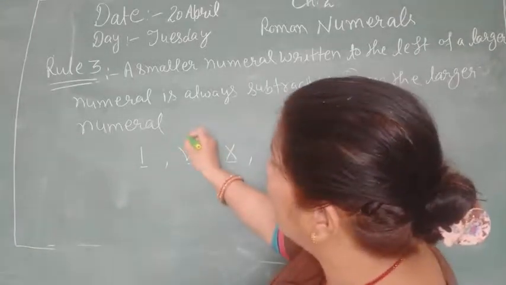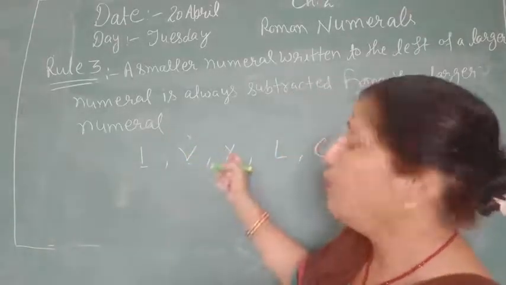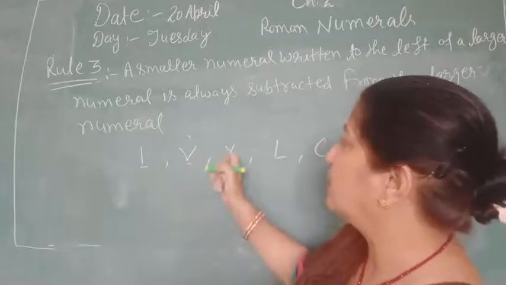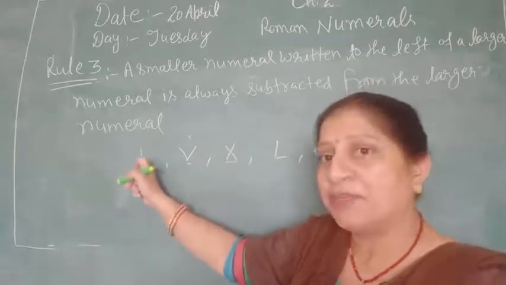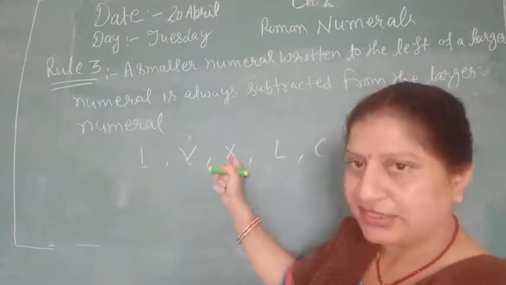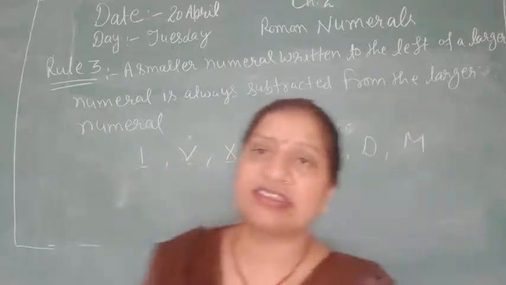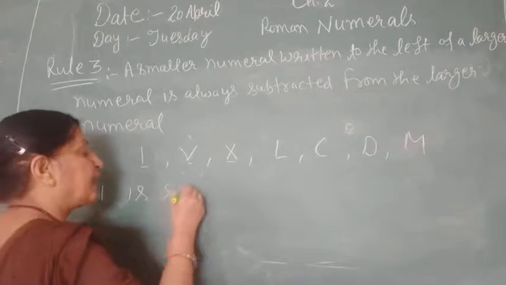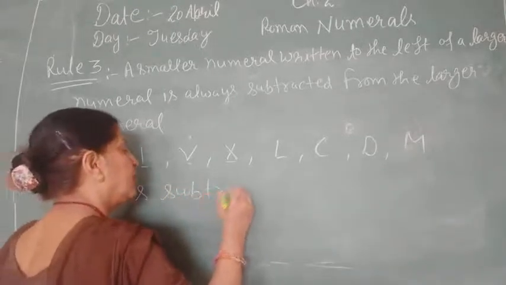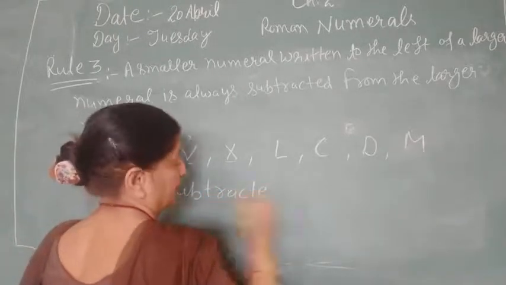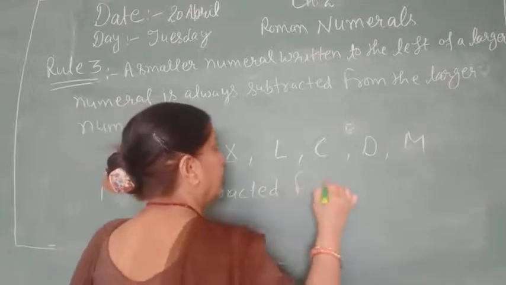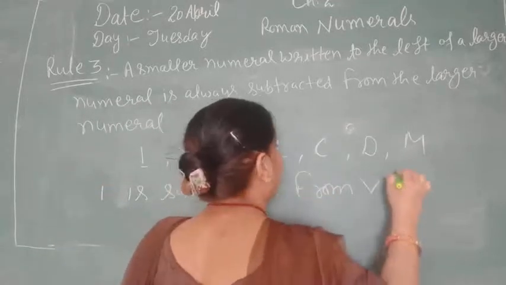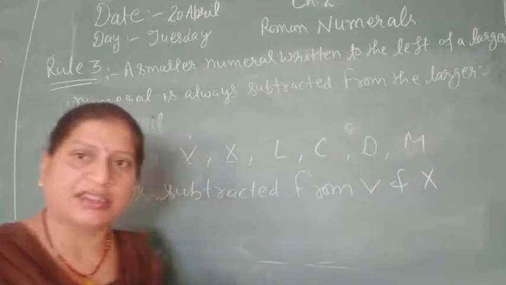That's why we do not subtract it from X, and we subtract 1, I, from X. So I is subtracted from V and X. Clear this one?